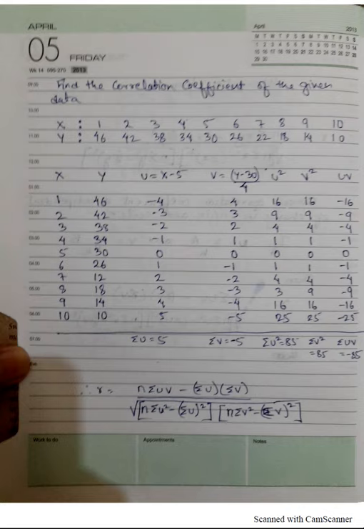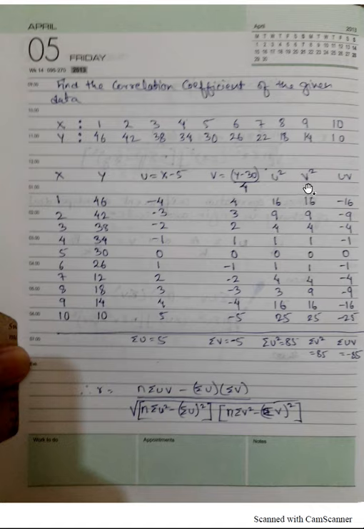So first we find u square. We just square these numbers: minus 4 square is 16, minus 3 square is 9, minus 2 square is 4, and so on.